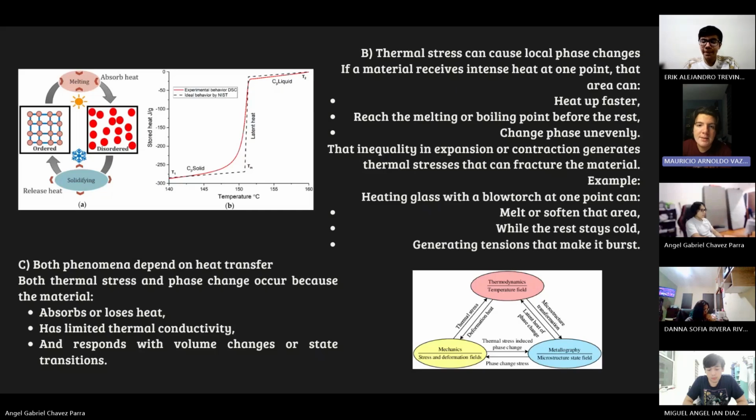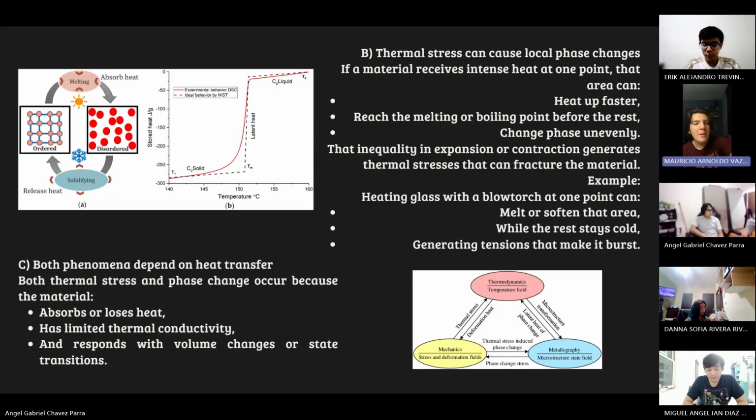If a material receives intense heat at one point, that point reaches the melting or boiling point before the rest changes phase. This generates thermal stresses that fracture the material. For example, heating glass with a torch at one point can melt or soften that area while the rest stays cold. These generated tensions then make it crack.